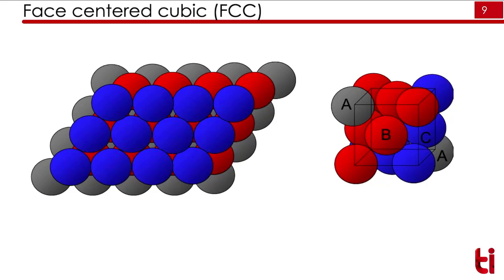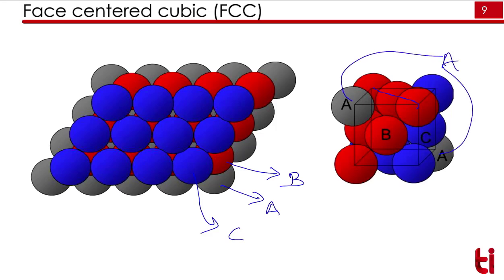So here the black color is the A layer, the red color is the B layer, and again on top of that the blue color is the C layer. If you take some of the atoms from this portion and construct a unit cell, you will get a unit cell of FCC structure, that is face centered cubic, and that is shown here. So these are A layers, the red one is the B layer and the blue one is the C layer.